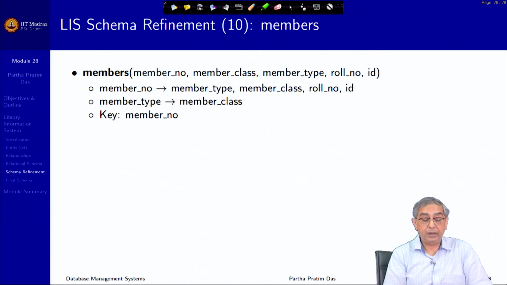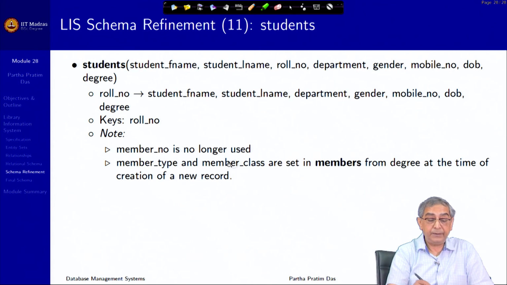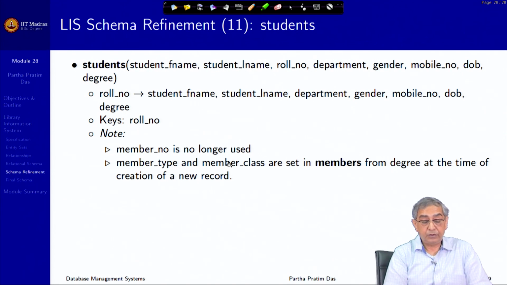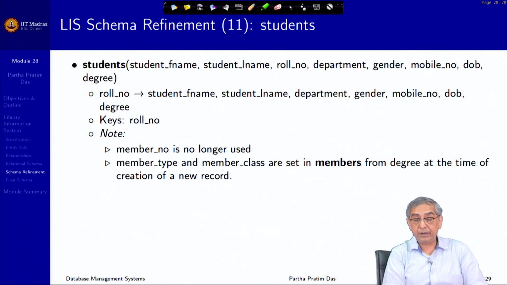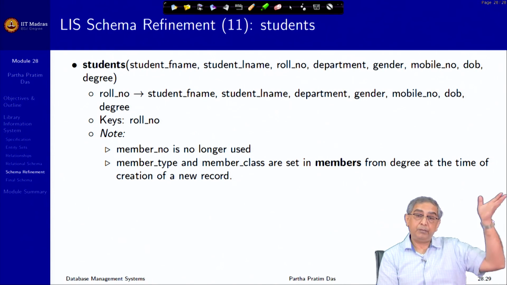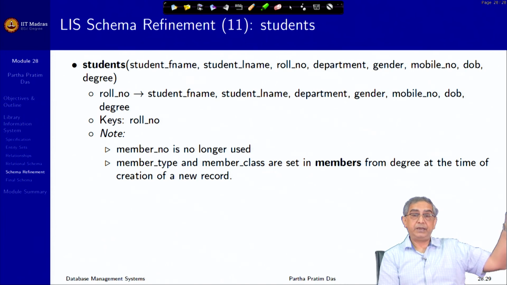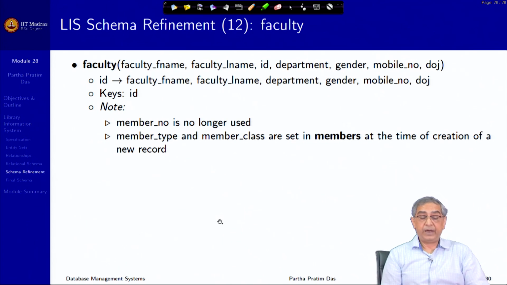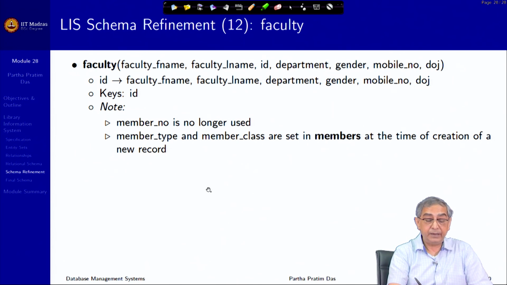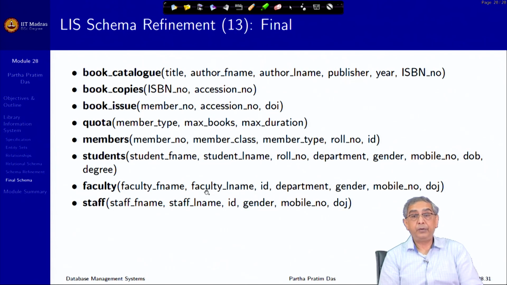So, this is your new members design. Similarly, your students design does not need member number anymore, because you have the roll number and the member entity is taking care of that. Faculty also does not need the member number. So, they get simplified, and you have finally this relational schema.